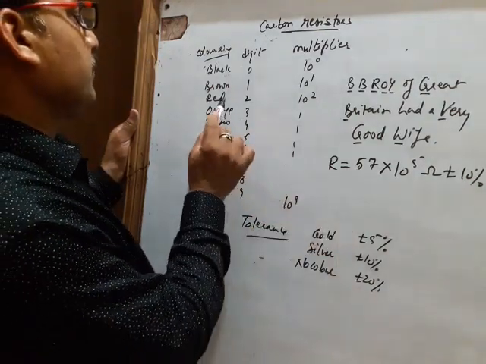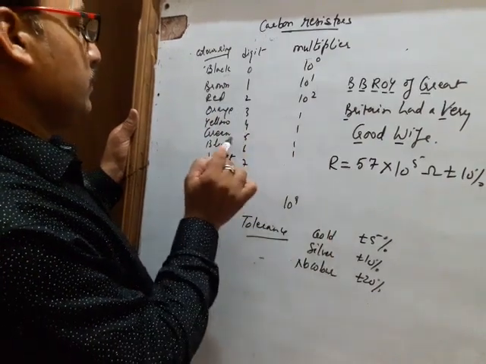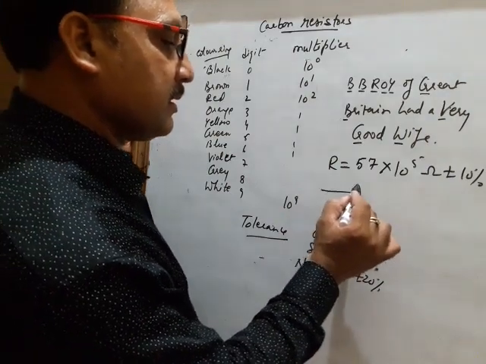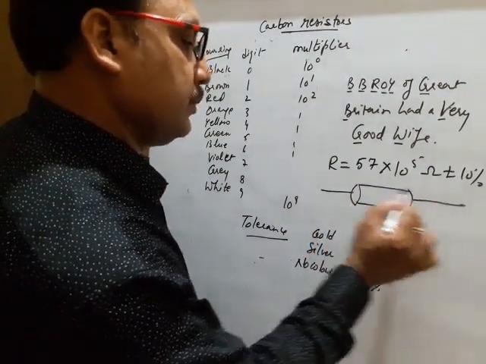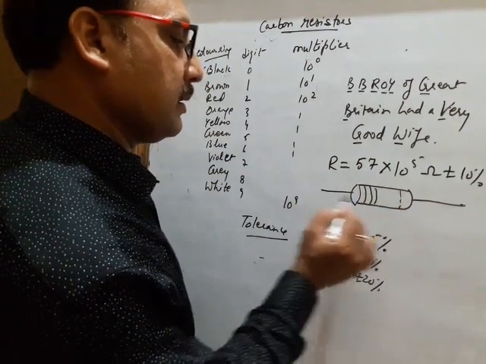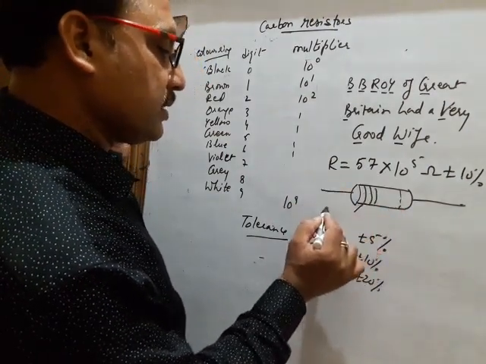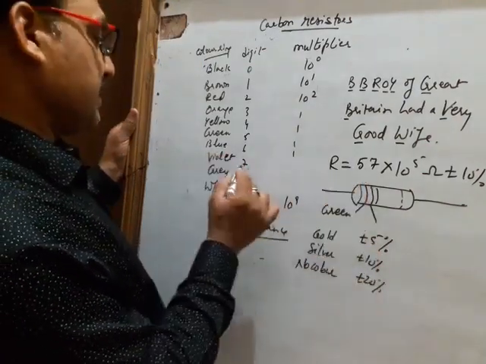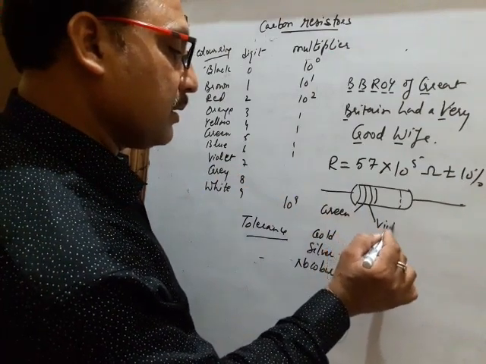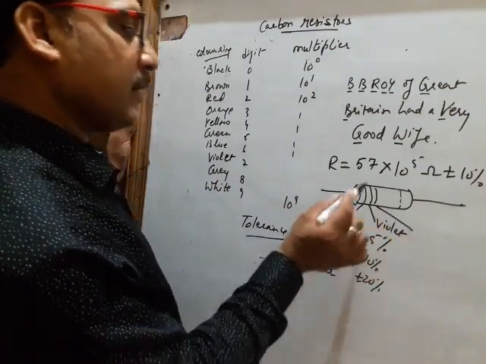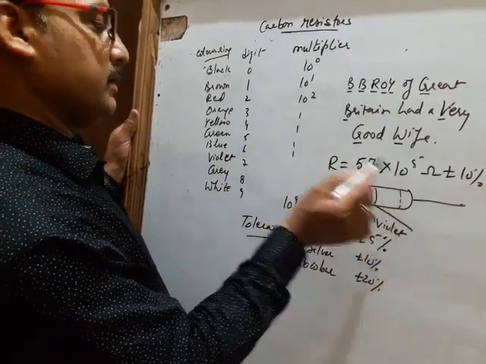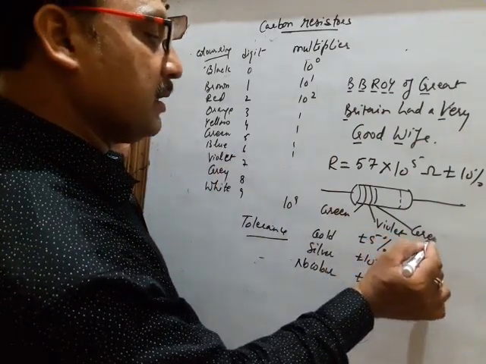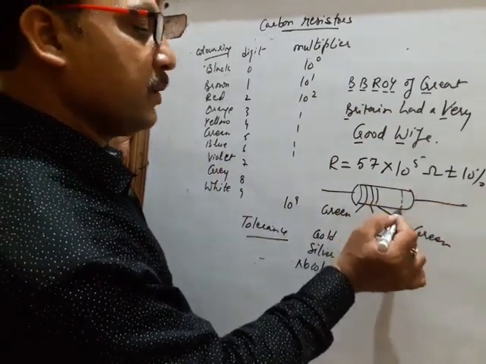The first digit 5 stands for green, so the carbon resistor will be like this. The first one will be green. Second, 7 stands for violet. Then what is the multiplier? 10 to the power of 5, that stands for green once again. And this is 10%, so this will be a silver ring.